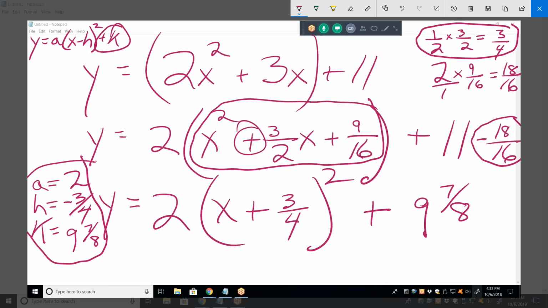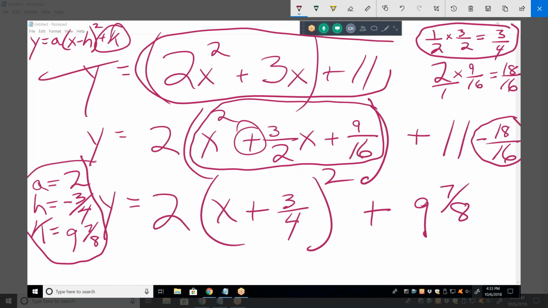Now, completing the square is used in a lot of instances other than just this. In other words, what I'm doing here is taking a quadratic that's in regular, standard format, and I'm merely converting it to vertex format. And the way you do that is to complete the square.